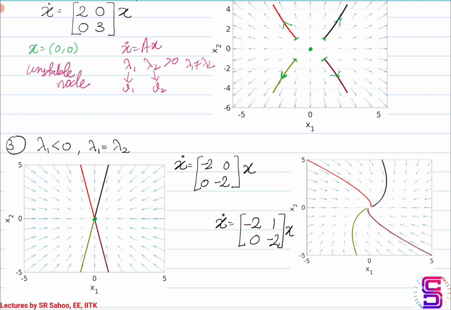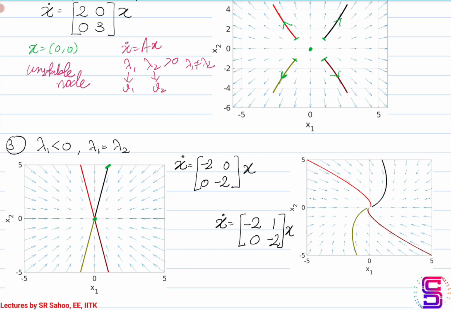The trajectories will evolve along those straight lines. For example, if the black trajectory started at this particular point, it evolves along a straight line that connects the initial point to the origin. It will reach the origin asymptotically as t approaches infinity.